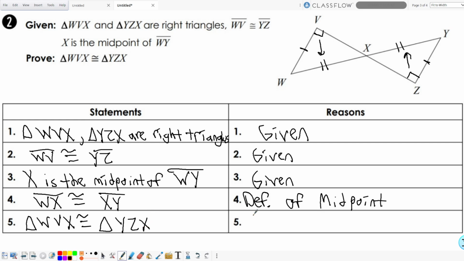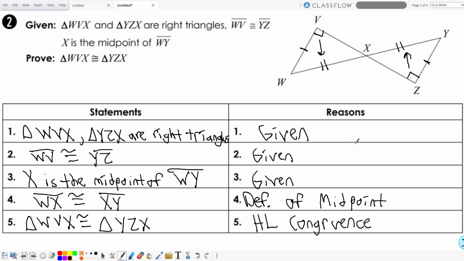And because of our hypotenuse leg congruence theorem, postulate, whatever you want to call it. So as you can see, it's relatively straightforward. Only works when you have a right triangle. So that's just something to be aware of.